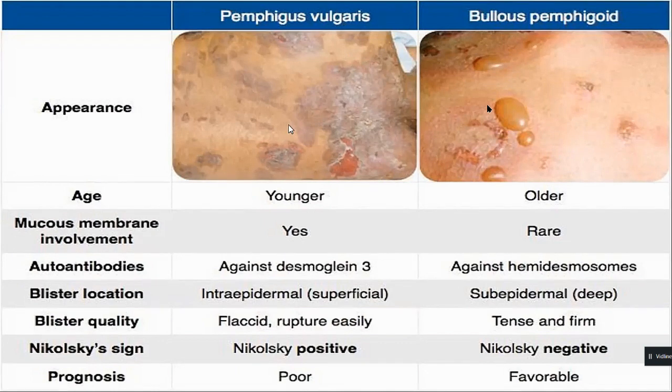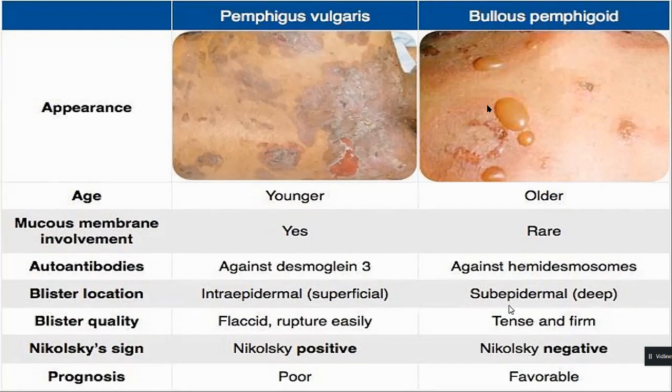Blister location, this one superficial, this one deep. Quality, so this one flaccid and ruptures easily. As you see here, all blisters are already ruptured. Both of them have blisters, but this one ruptured, this one still intact.